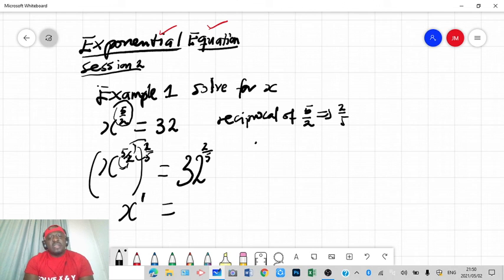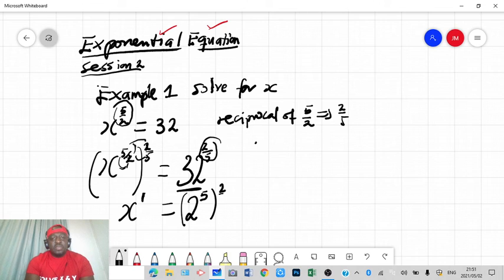And on the other side, this 32, which is a whole number, can be changed to an exponent that will help you cancel out whatever that is here. Or at this point, if the examiner does not restrict you with a calculator, you can easily punch this and get the answer out. But let's apply the exponential equation here by saying when you change 2 to the power 5, it gives you 32.